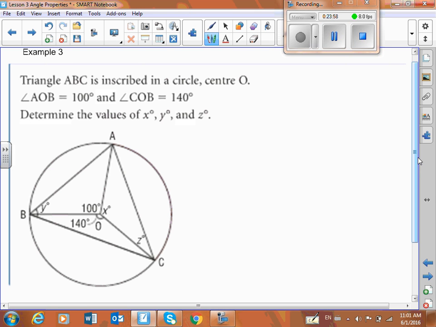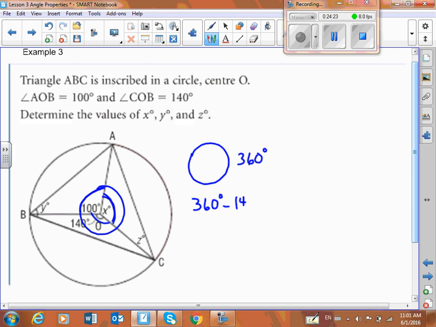The reason I'm picking angle X is because I have this as 100, and I have this given at 140. Now, we know that a complete circle is 360 degrees, and so if I were to draw one complete circle here in the middle, I'm just missing this little piece here for X. So all I would need to do to find that other angle is take 360 and subtract 140 and subtract 100.